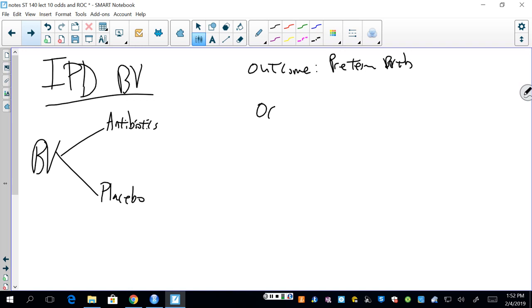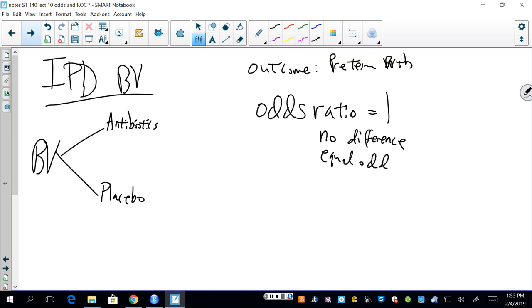And so an odds ratio of 1 meant no difference. Equal odds, which means equal probability. Well, that's our null hypothesis that we started with. That's how we set up the problem, assuming that there's no impact of the antibiotic treatment.